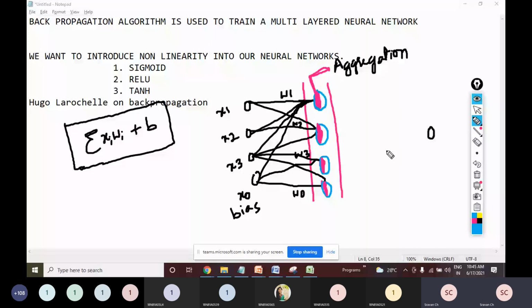So this blue one is used to add non-linearity to our linear output. Whatever aggregation is done, on that aggregated output, we will apply a non-linear function, so that we can introduce non-linearity in our output. So friends, this blue part is for adding non-linearity.